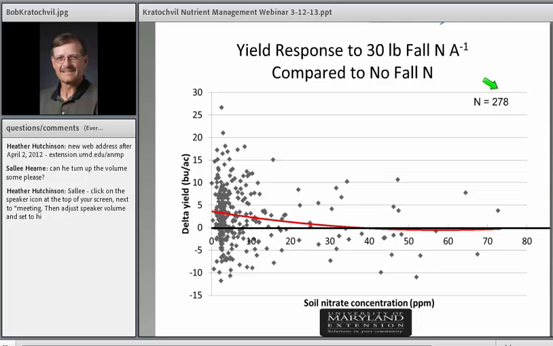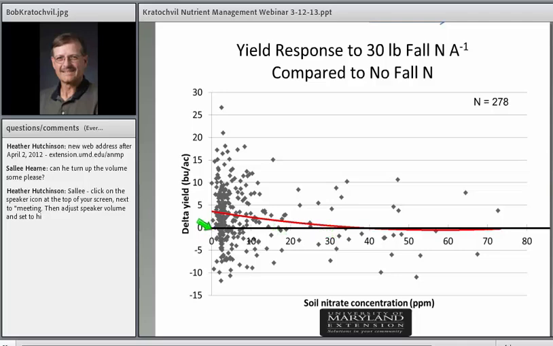Now, to orient you a little bit with this chart, this axis here is describing the amount of residual soil nitrate that we had at the 6-inch depth. So if you're at this dot right there, there was about 32 parts per million at the 6-inch depth.